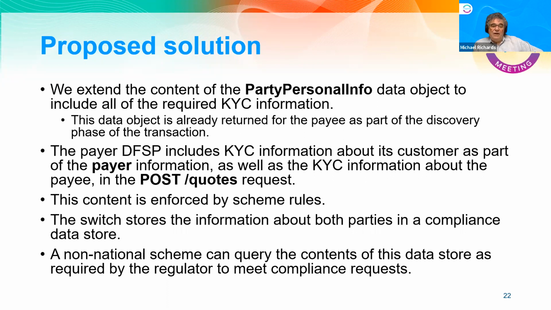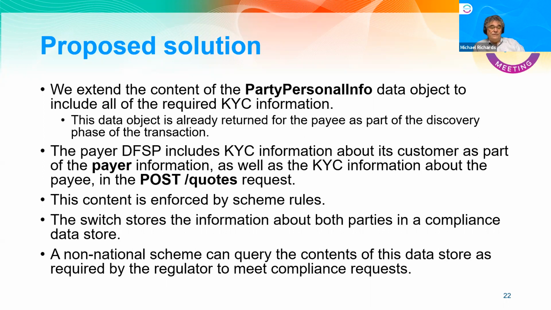But it's also included both for the payer and for the payee in the quote information. So the payer DFSP will get information about the payee's customer from the put party's response, and it can include information about its customer as part of the post quotes request.